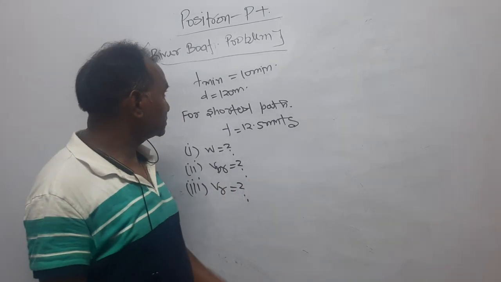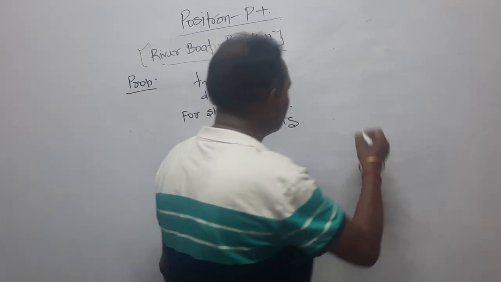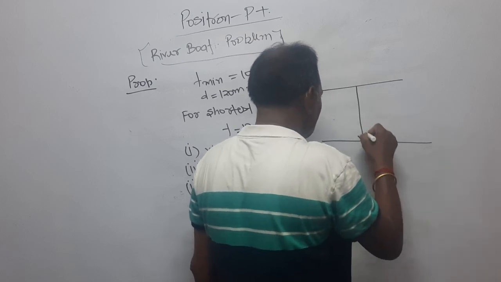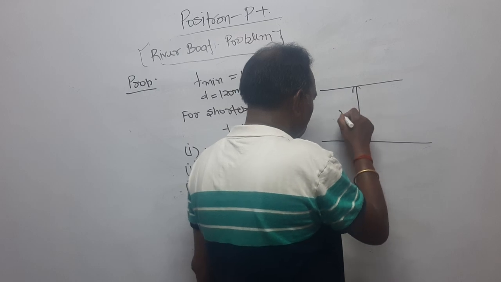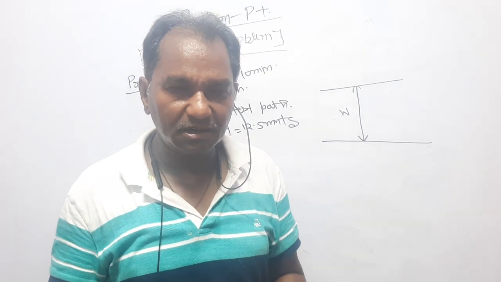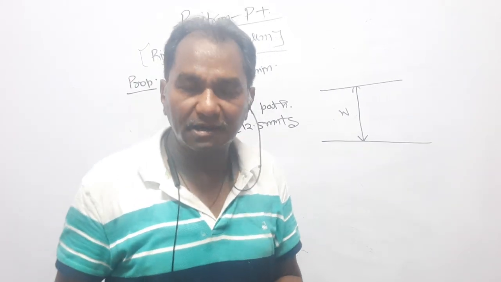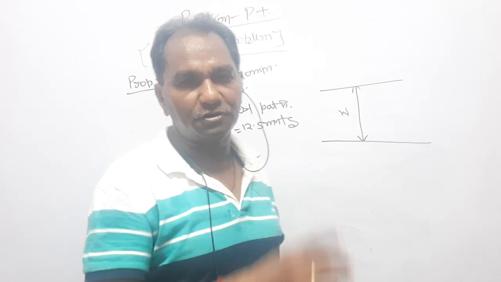Dear students, let it be a river, with a width W. Two types of problems are asked: how a person should travel so that he crosses the river in minimum time, and another type of question might be that he crosses the river through the shortest path.